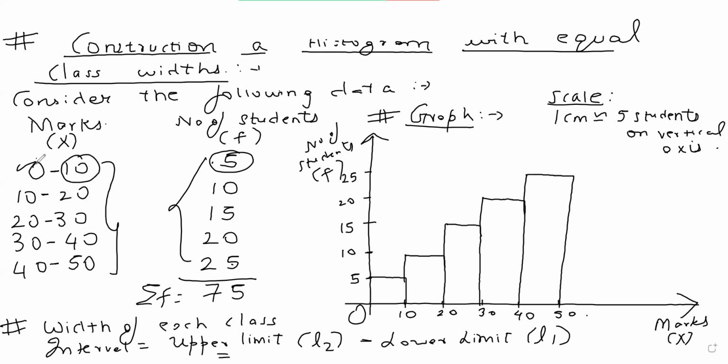You can clearly see 10 minus 0, 20 minus 10, 30 minus 20, 40 minus 30, 50 minus 40. All of them have the same width, which is 10. So these are histograms for class intervals which have equal width. Okay, so I hope students have understood this. Now let's look at how to construct a histogram if your class widths are unequal. So if I erase all this off, students can now write constructing a histogram.